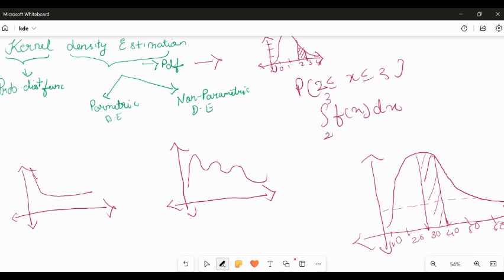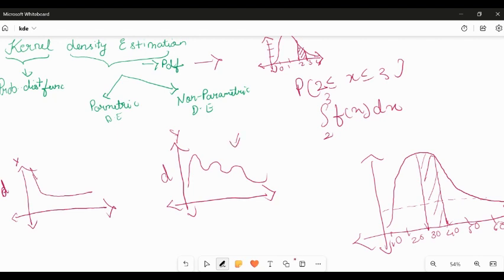It is a statistical technique used to estimate the probability density function of a random variable. Over here also we have a probability density function on the y-axis, and by using that we are plotting the graph, without making an assumption about the underlying distribution.